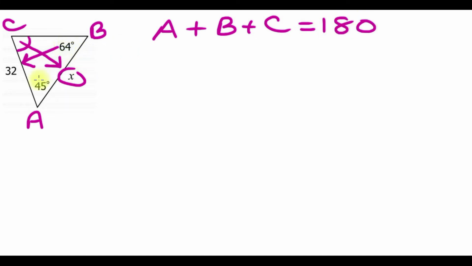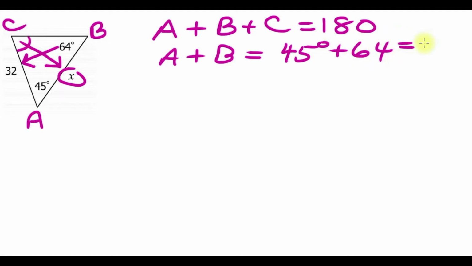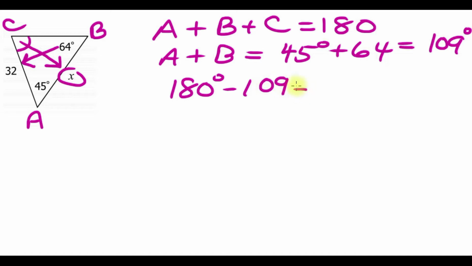So we add up angle A and B and subtract that from 180. 45 degrees plus 64 degrees gives us 109 degrees. If we subtract that from 180, it's going to give us 71 degrees. So the measure of angle C is 71 degrees.